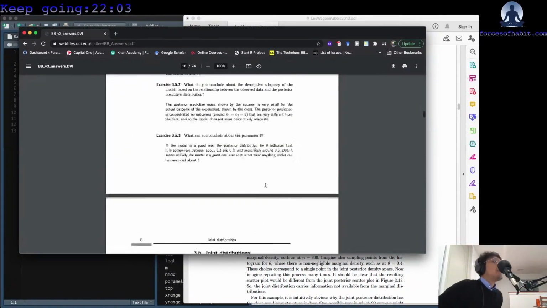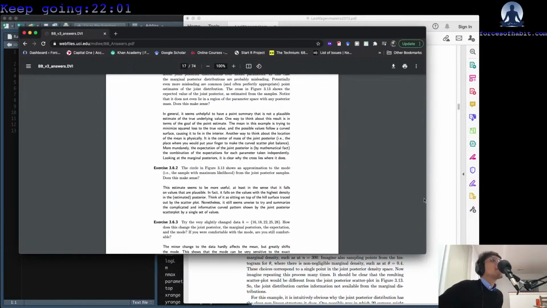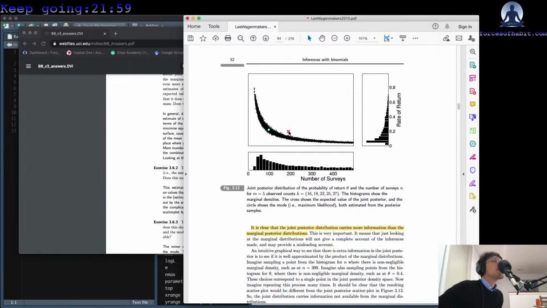So while the curve, okay, so expectation-wise, it's not representative.